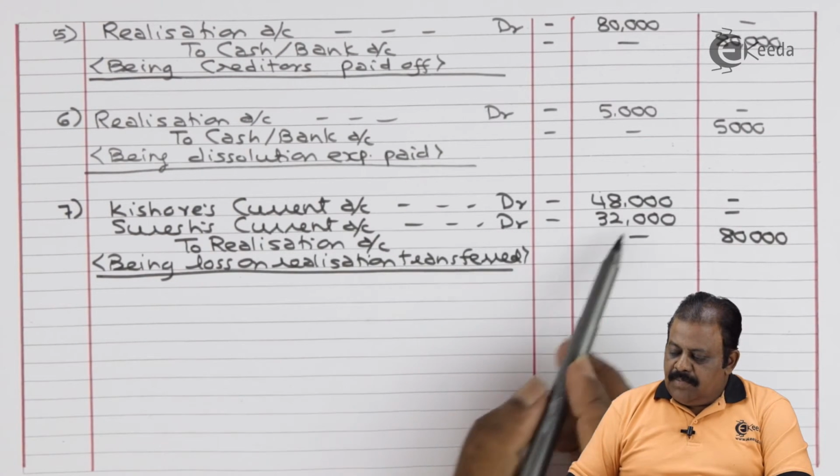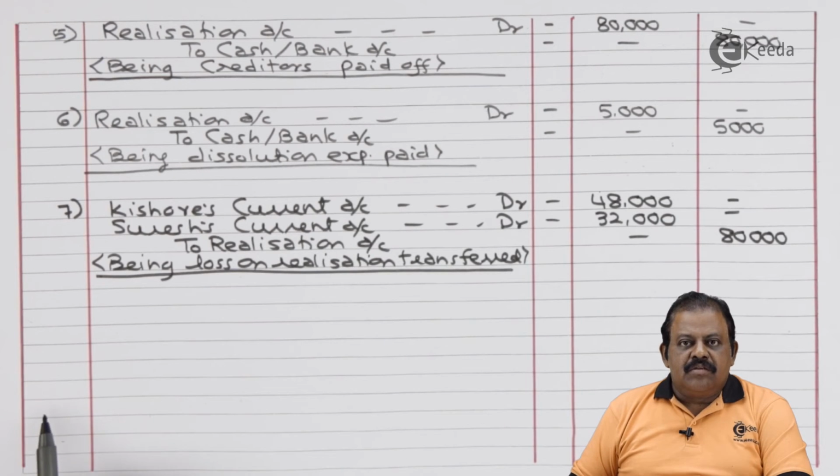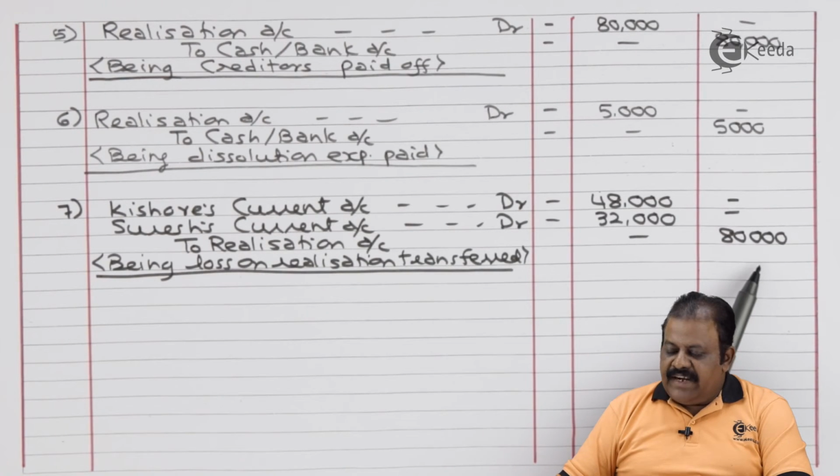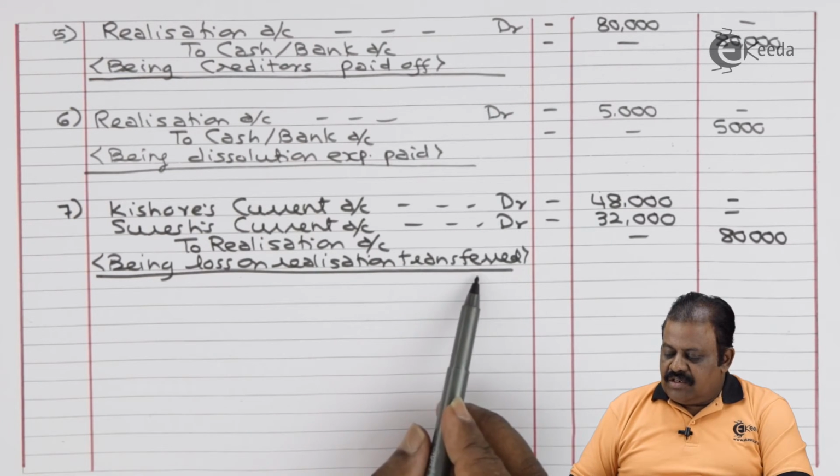Kishore's current account debit 48,000. Suresh current account debit 32,000. To realization account 80,000, being loss on realization transferred.